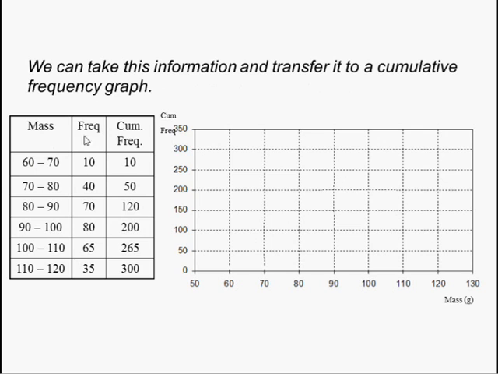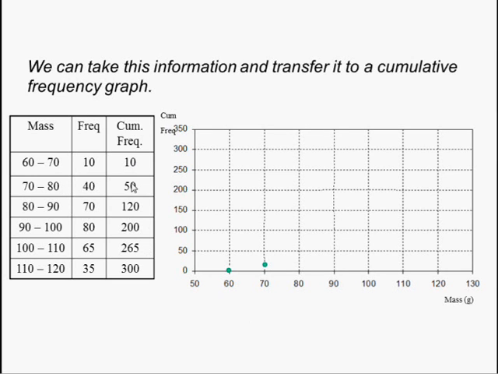We take this information now and we put it on a graph. So at 60 grams, there's no apples. It's kind of an arbitrary point, but we've got to put that there because that's the start of our range here. At 70, there was 10.